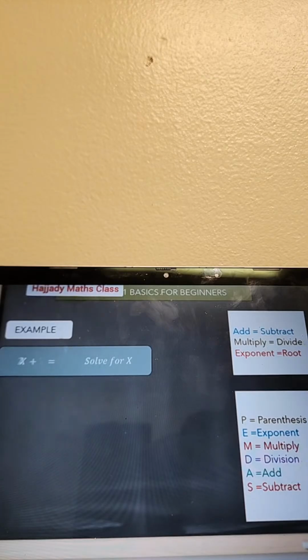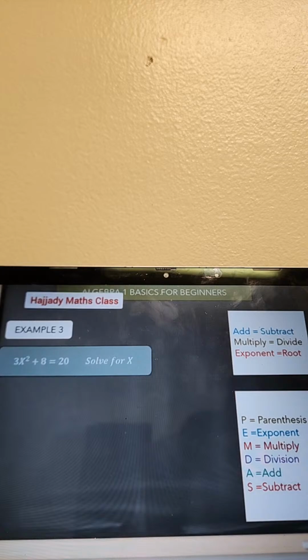Example 3. In example 3, we have 3 operators. The first one is plus 8. The second one is the 3 multiplying the variable x. And the third one is the square on the x. And we're going to use the same approach to do it. Now, the first question is, do we have subtraction? No. Do we have addition?